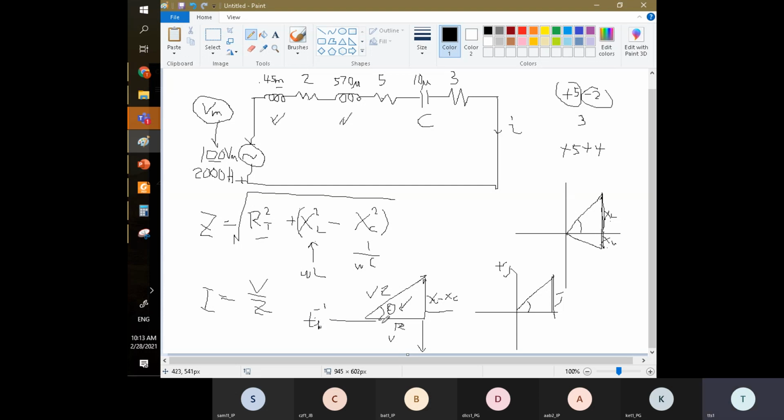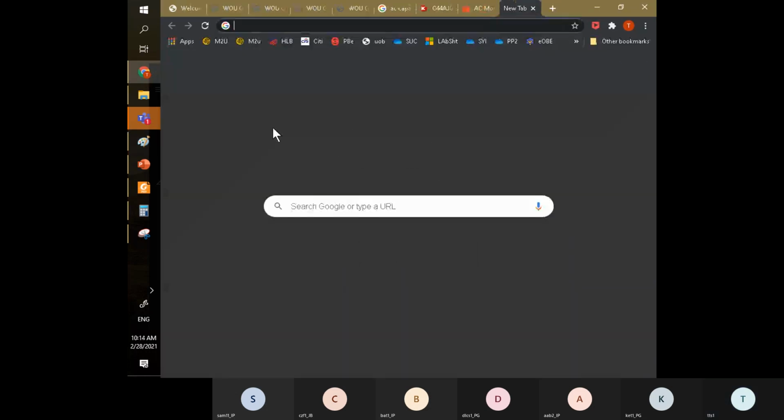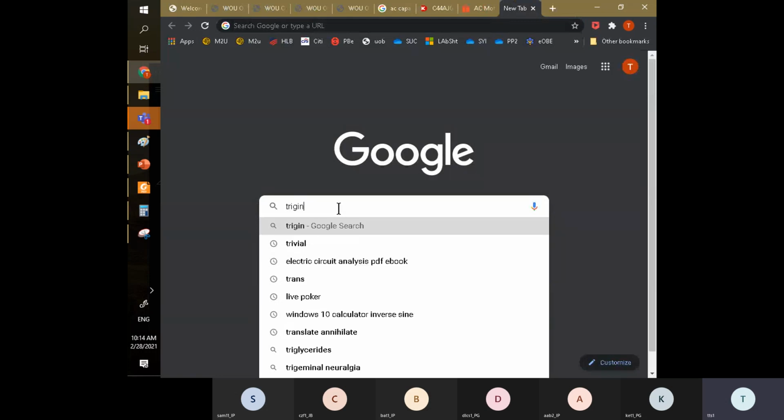Inverse tangent of X over R, right? Here is the denominator, here's the numerator. Tangent of this theta is this over this. We learned this in secondary school. I think this is trigonometry, right? Let's confirm it. This is called trigonometry.